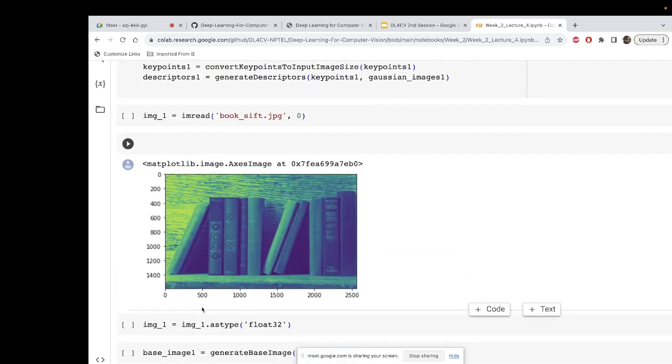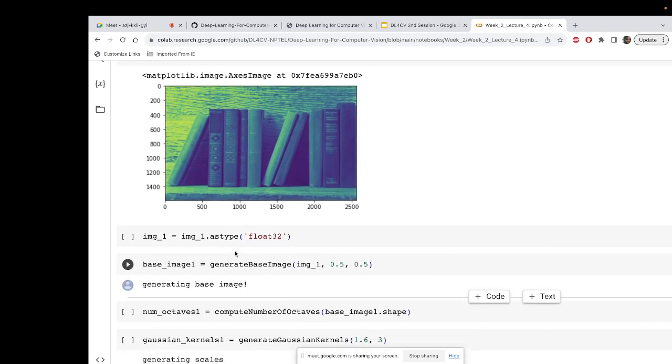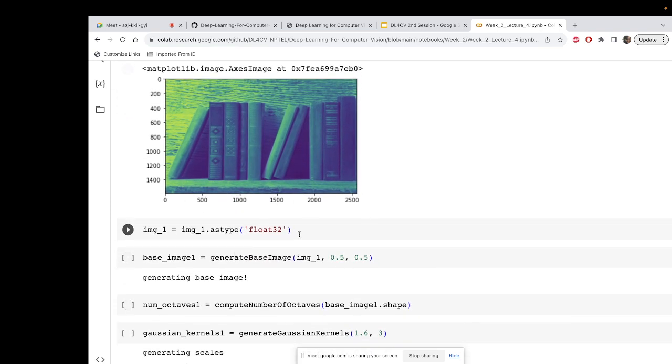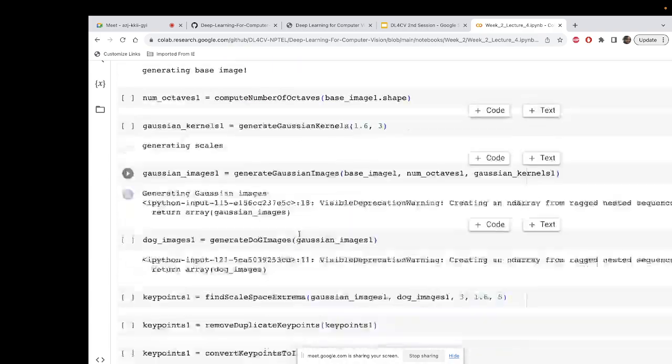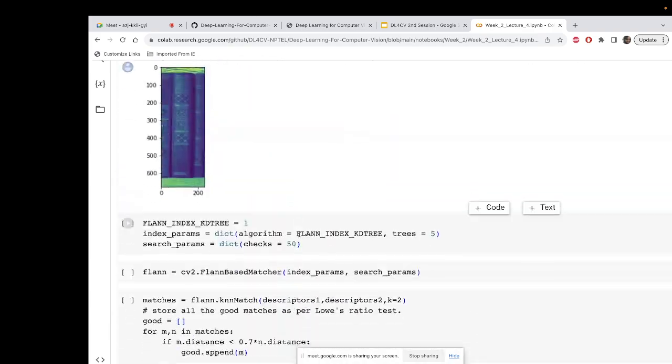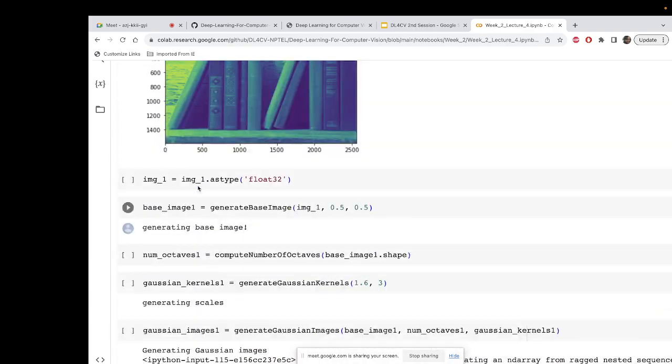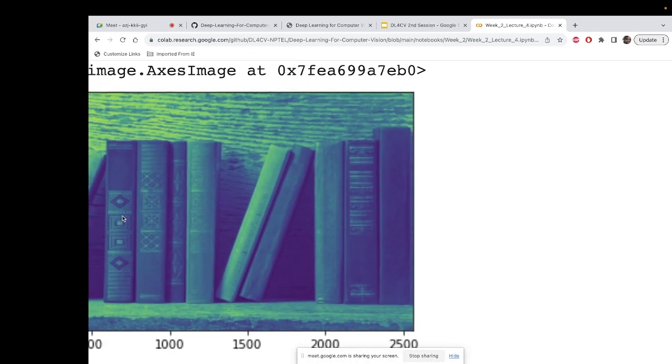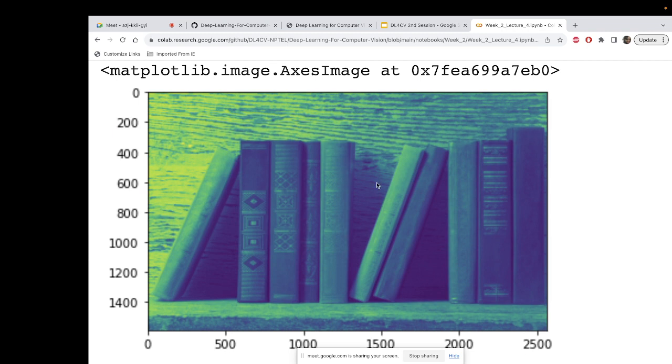Now just to show you an example, this is the input image that you have, input image 1. You can see that this is an image of books. We already know how to run SIFT on it, and how to get the key points and the key point descriptors.